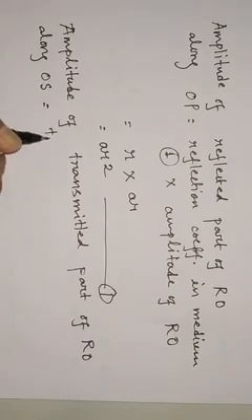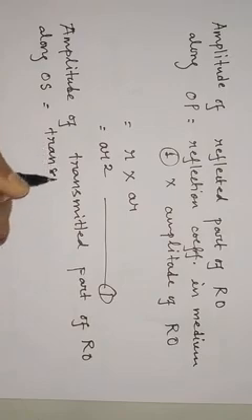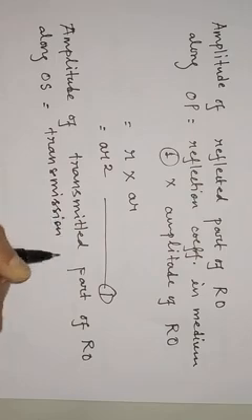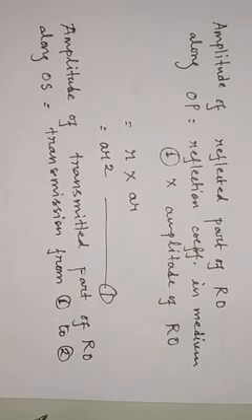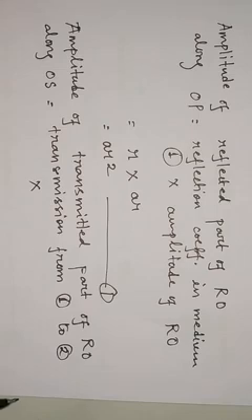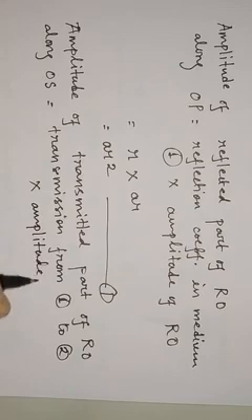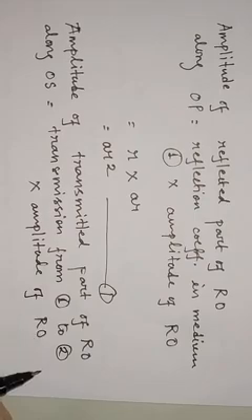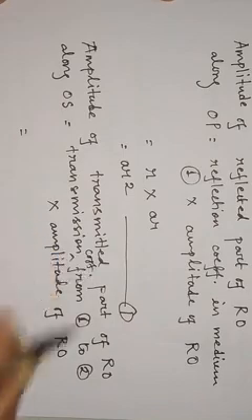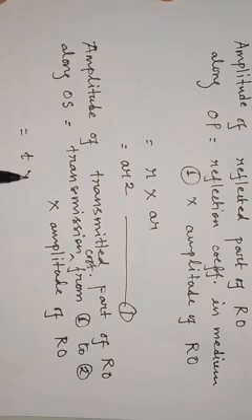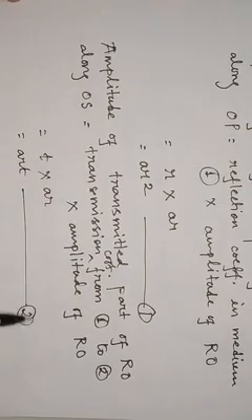So it will be the product of the transmission coefficient from medium 1 to medium 2 and the amplitude of the incident ray, which is RO. The transmission coefficient from medium 1 to medium 2 is T, and the amplitude of RO we already know is AR. So it is equal to ART. This is equation 2.